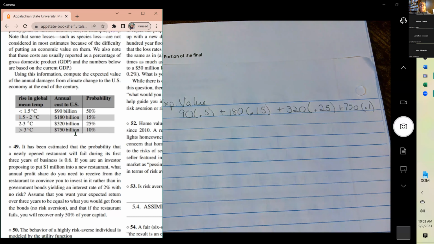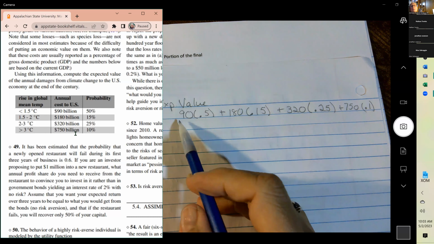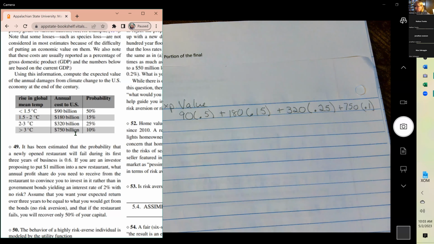And that would be your expected value. So it's the weight or cost times its probabilities.